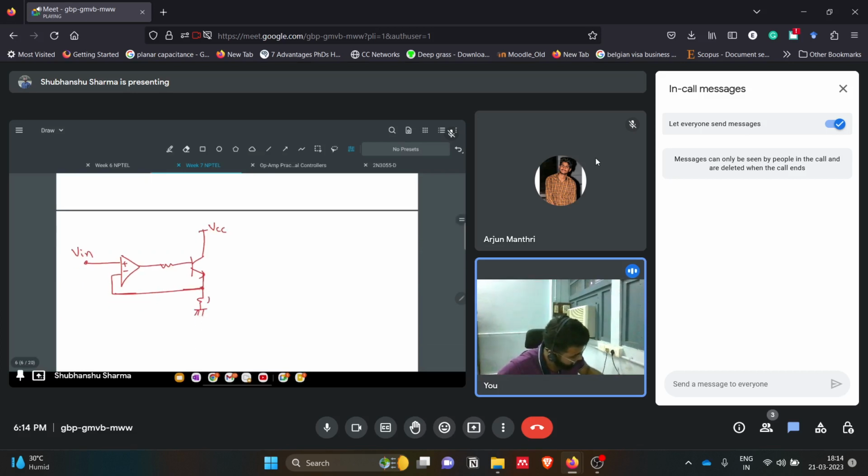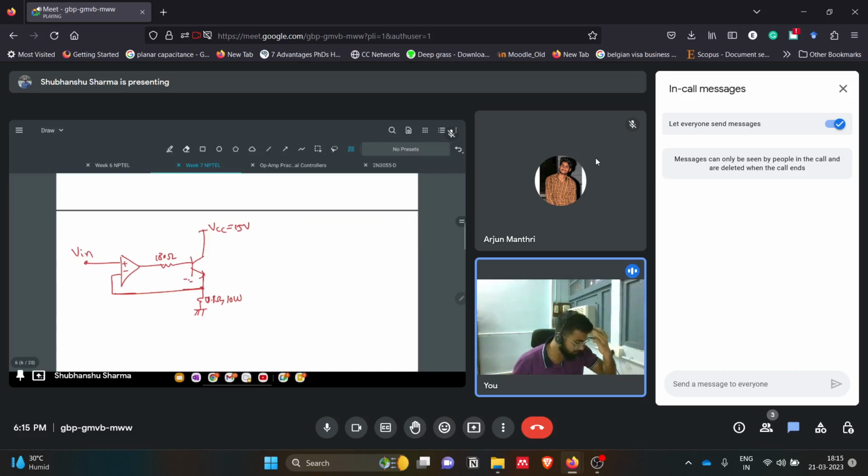So this was again a 0.1 ohm 10 watt resistor. Now in this case, we are giving some input, so based on that this transistor will be on, and it will be conducting current.